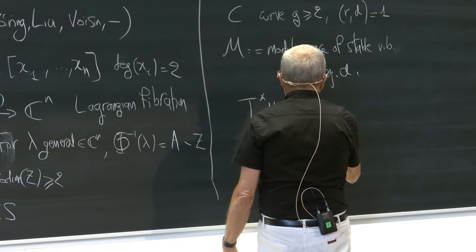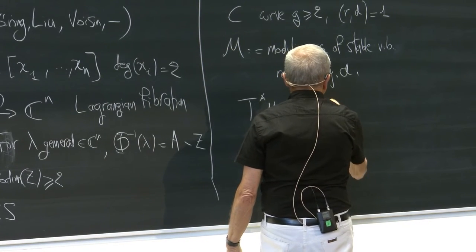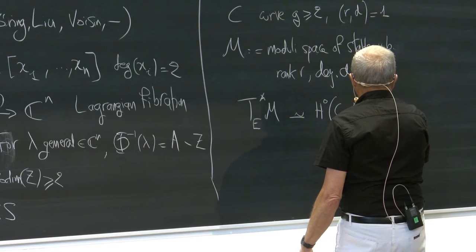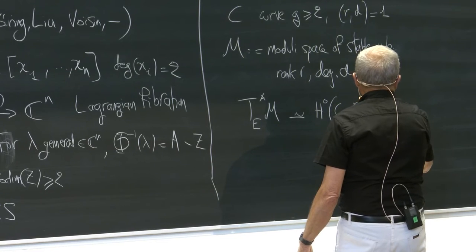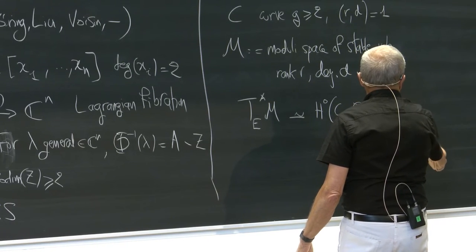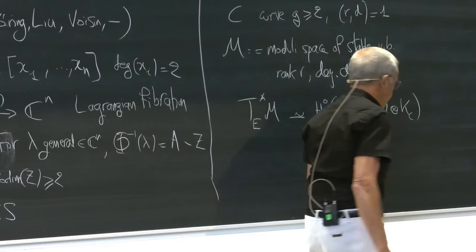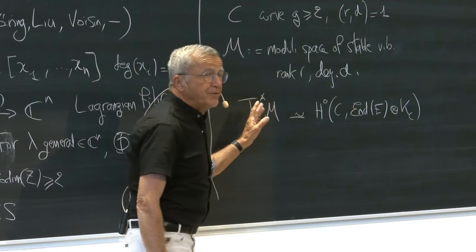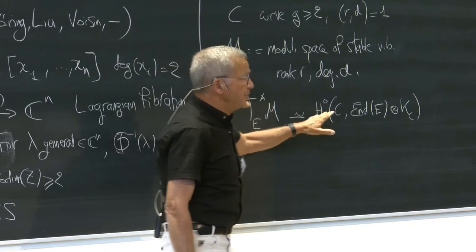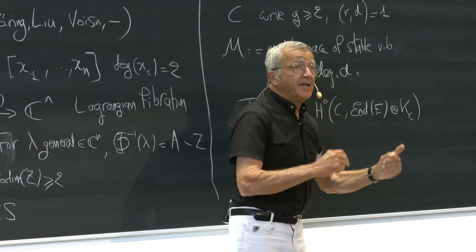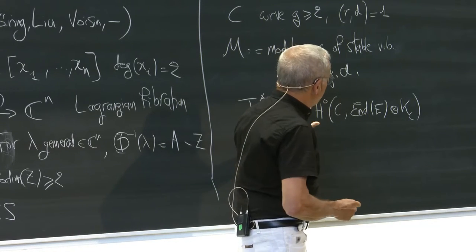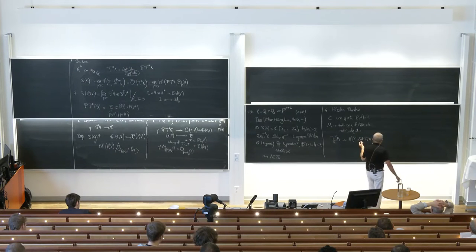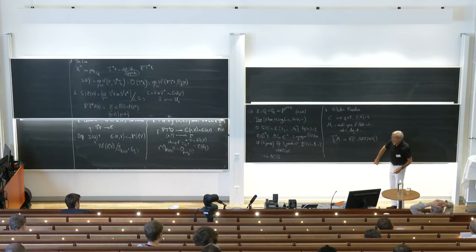This is canonically isomorphic to H naught of C, of the endomorphism sheaf of E tensored with the canonical bundle. This is by Serre duality. Maybe I should have started with the tangent space, which is just H1 of End of E, and then Serre duality allows us to identify the dual with this vector space here. So these are essentially twisted endomorphisms.